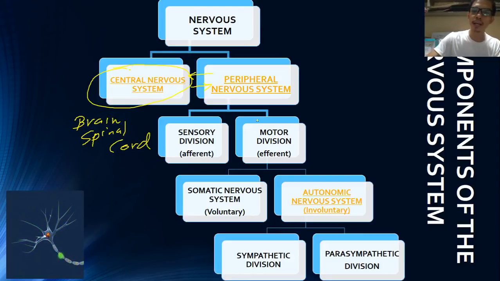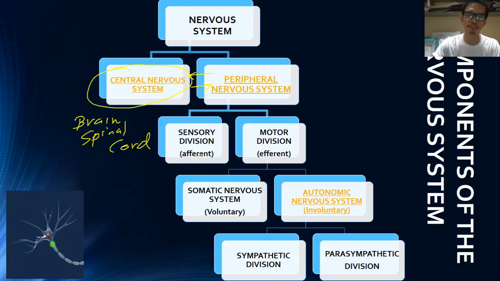Alright, so in this diagram, the peripheral nervous system is divided into two different divisions. So we have the sensory division, which is the afferent division, and the motor division, which is also known as the efferent division. Now, when we talk about the sensory division, it includes all the five senses of the body: the eyes, the ears, the nose, the tongue, then the skin.